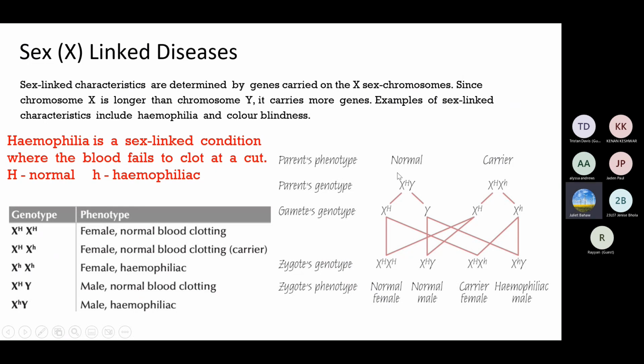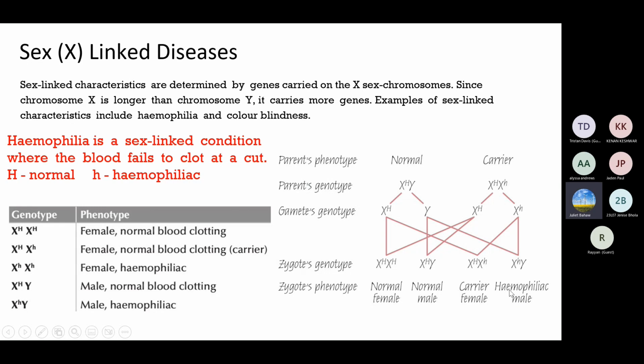All right, so here is a little example showing someone who is normal and someone who is a carrier. The father being normal and the mother is a carrier. So we are seeing that if you were to have parents who are normal and a carrier, there's a 1 out of 4 chance, so a 25% chance, the male child can be a hemophiliac.